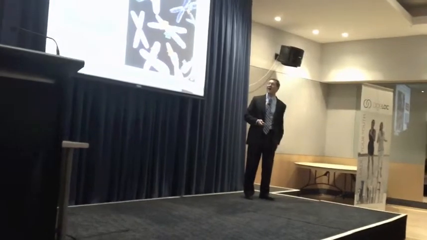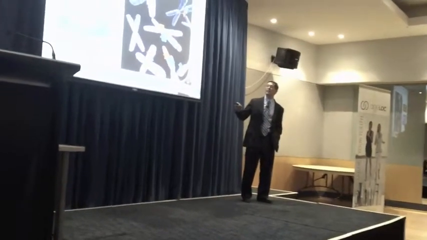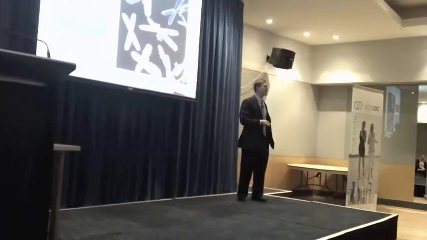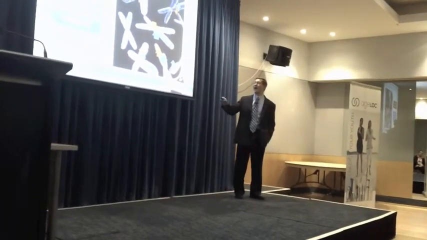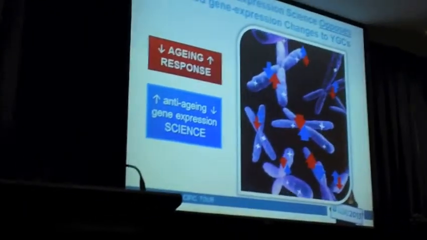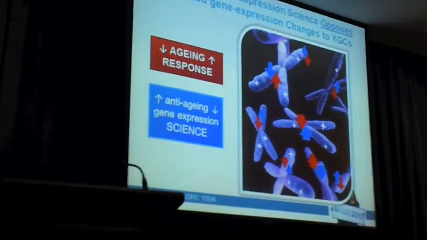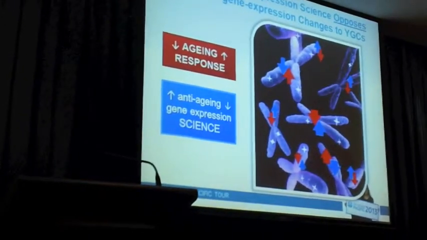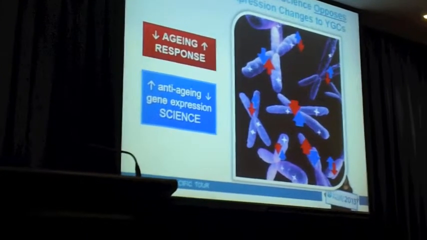The whole idea of AgeLOC science is to oppose whatever changes aging brings about. So if age causes a gene to increase significantly, we want to oppose it that exact same amount. All we're doing is putting things back to the expression level that you had when you were younger.